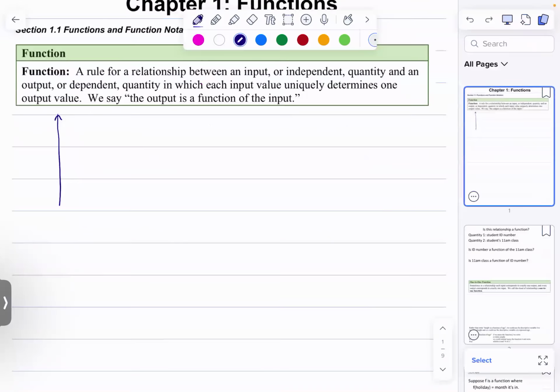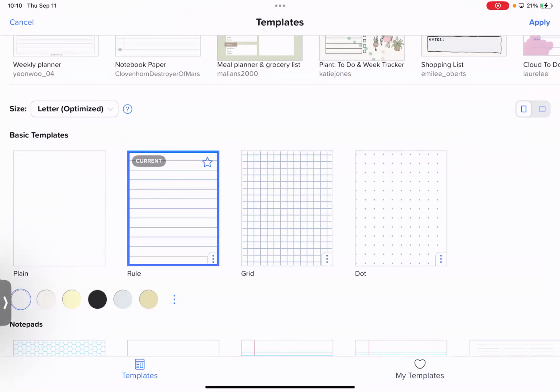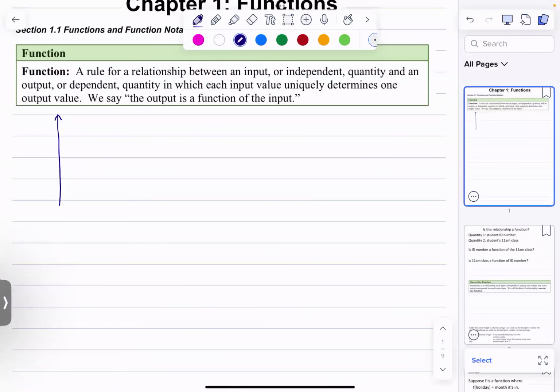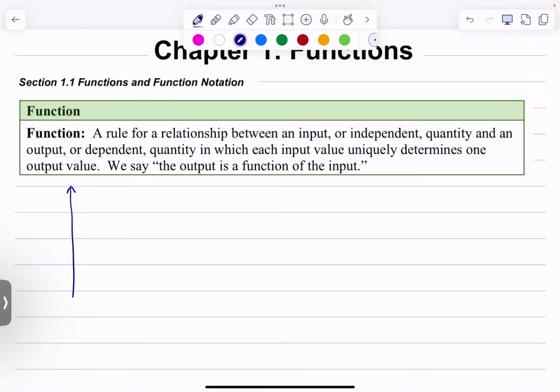Let me see if I can change this. How do I change the... I have no idea what I normally have it at. Maybe like that. Still pretty lofty, I think. This graph became pretty big.